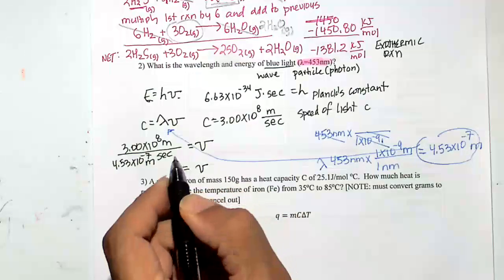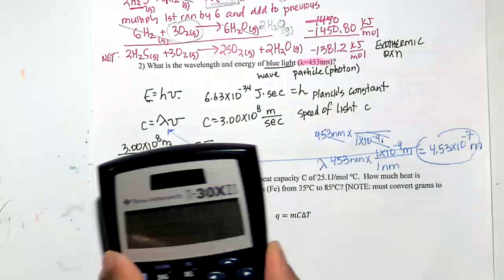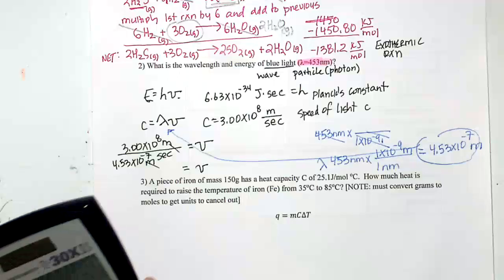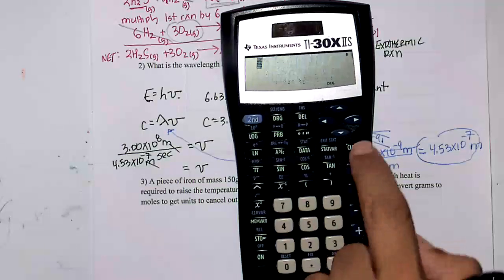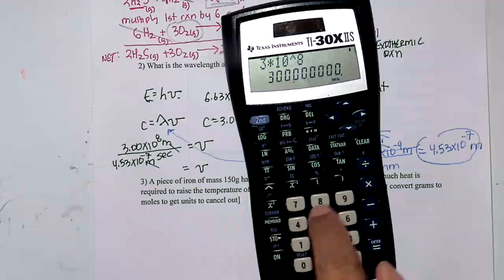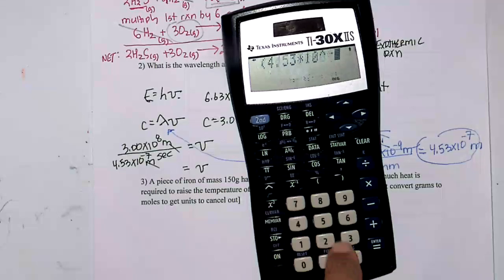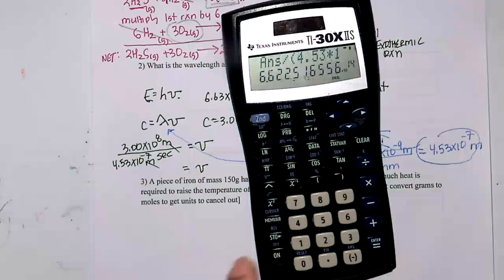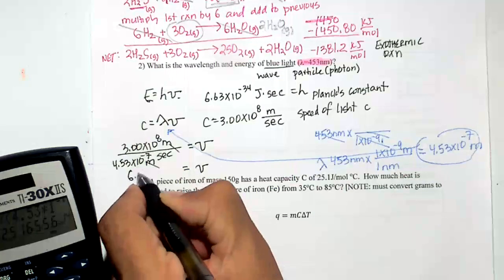So for the frequency v, the meters cancel. And what's 3 times 10 to the 8 divided by 4.53 times 10 to the minus 7? It's 6.62 times 10 to the 14 hertz.